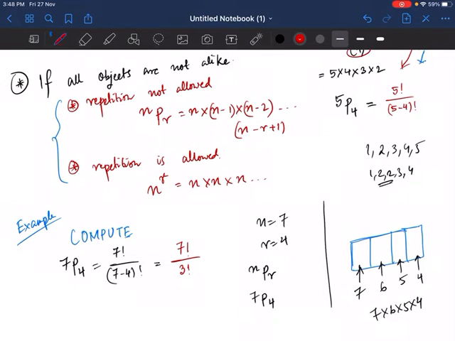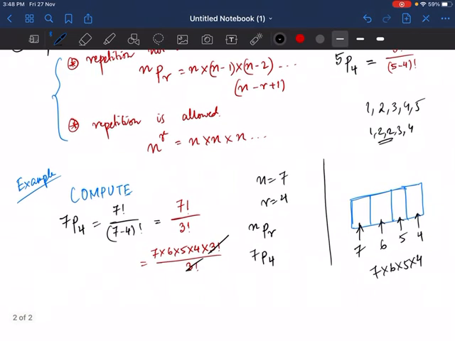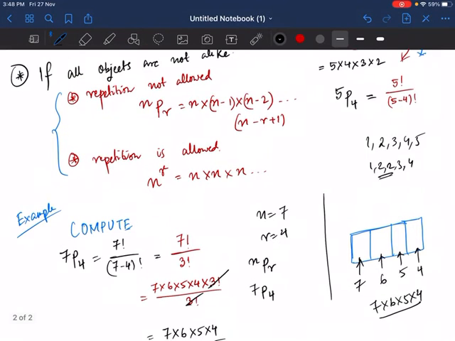Now can I write 7 factorial as 7 into 6 into 5 into 4 into 3 factorial, divided by 3 factorial? Like this way, this 3 factorial goes away, and the answer you get is similar to what we got in the multiplication principle. It is the same thing. So permutation is quite similar to the multiplication principle. So this is how we do problems when objects are not alike.